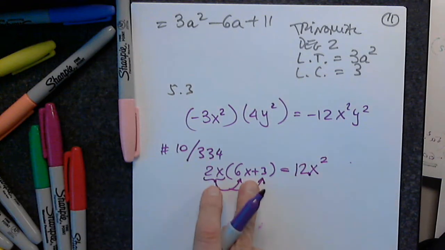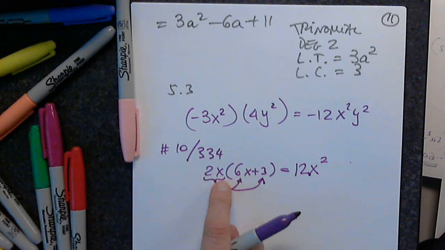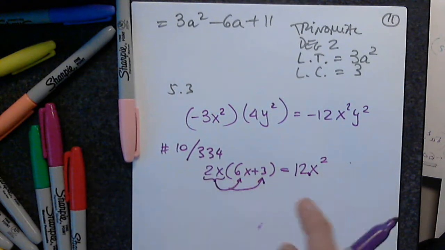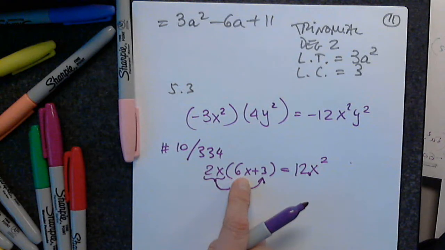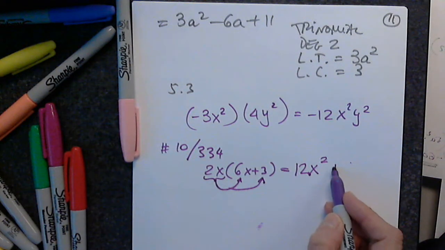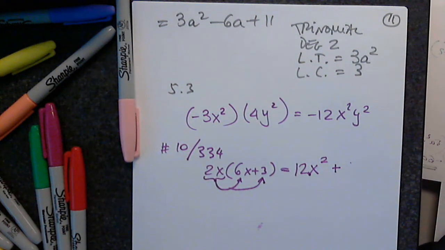Yes, because I copy the base and add the exponents because I'm multiplying them. I'm multiplying x by x. Very good. It's like feet times feet. It's squared feet. Plus 6x. So exactly, plus 6x. This is how we multiply a monomial by a binomial.